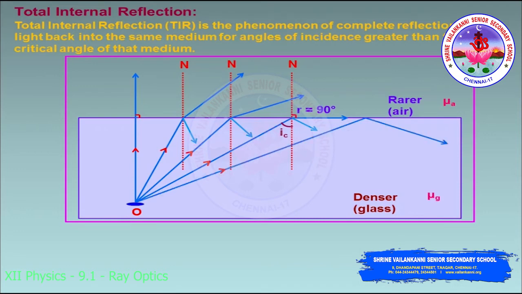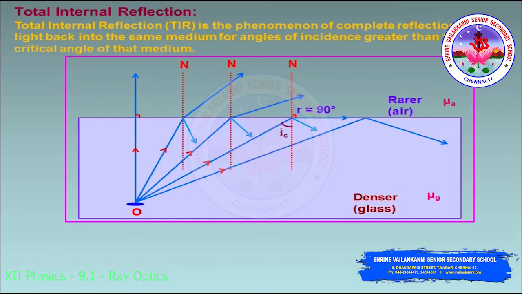Is it right? So the refracted ray goes along the surface of separation. The angle of incidence in the denser medium for which the angle of refraction in the rarer medium is 90 degrees is called the critical angle, denoted by IC, where r equals 90 degrees, as you see in the diagram. If the angle of incidence is increased beyond IC, the critical angle, the whole of the incident light is reflected back into the denser medium.